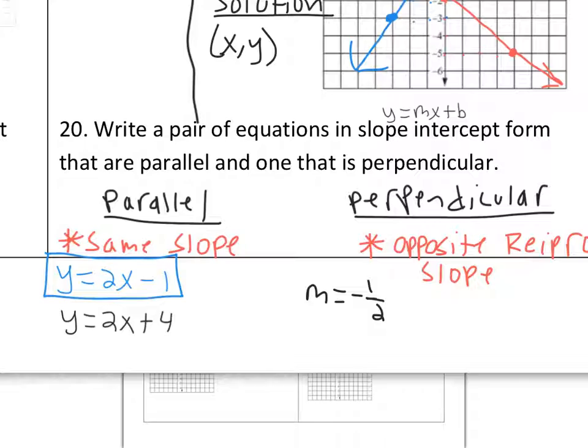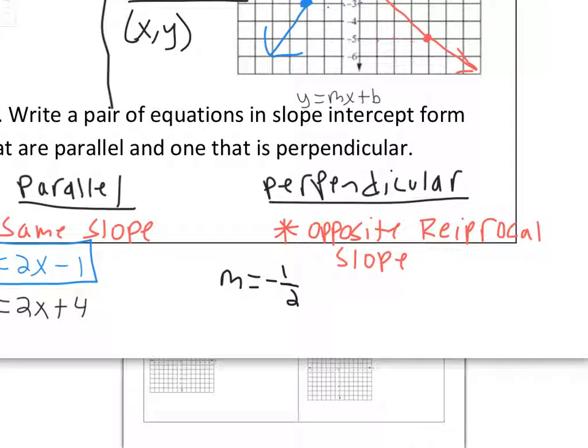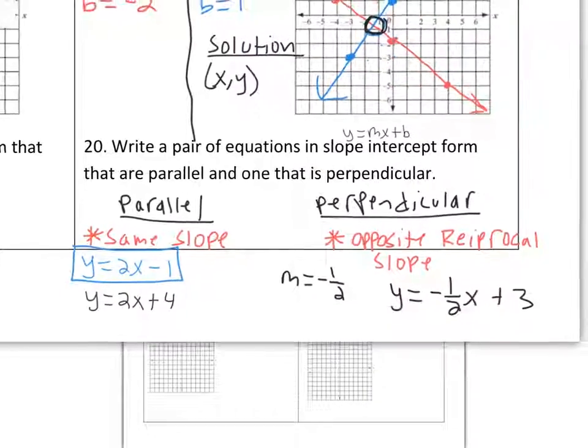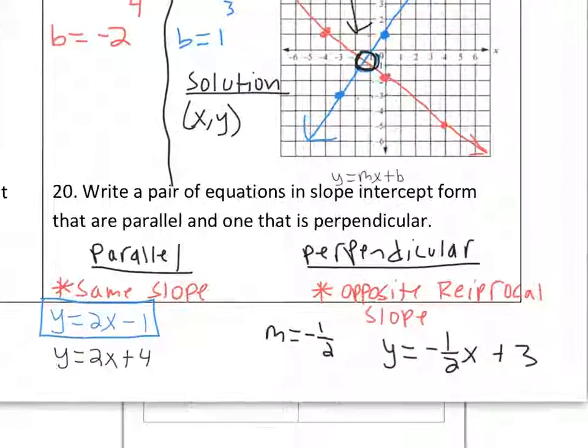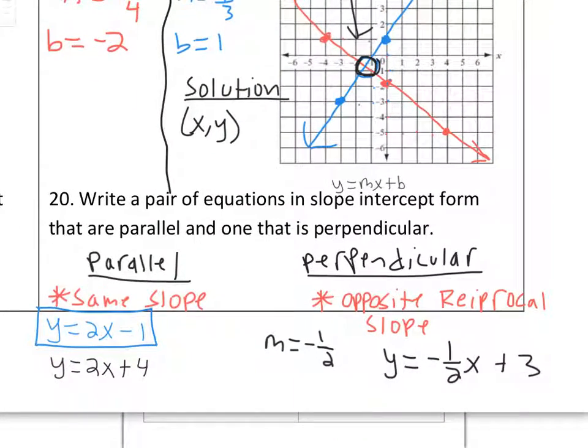Okay, so just come up with any equation where negative 1/2 is your slope. So y is equal to negative 1/2x, and let's just go ahead and put plus 3. And like I said, it doesn't matter which one you do. All we're worried about is the slope. Okay? All right, this completes page 4 of your fall semester exam review.